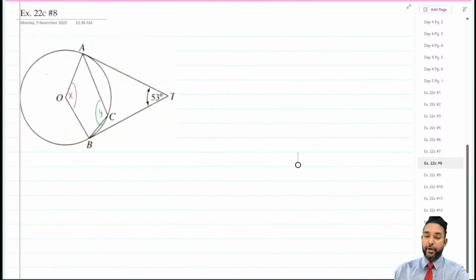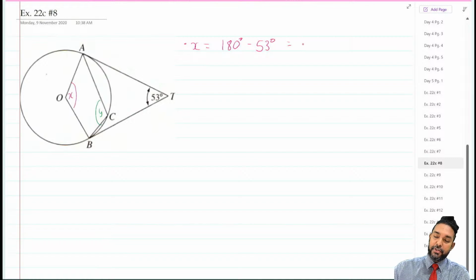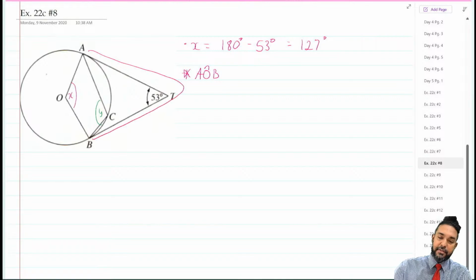All right. So any volunteers tell me what X is? 180 minus 53 degrees, right? And that gives us what, 127? Right. And the reason for that is because AOB and ATB are supplementary. So AOB is this angle here, and ATB is the 52-degree one.